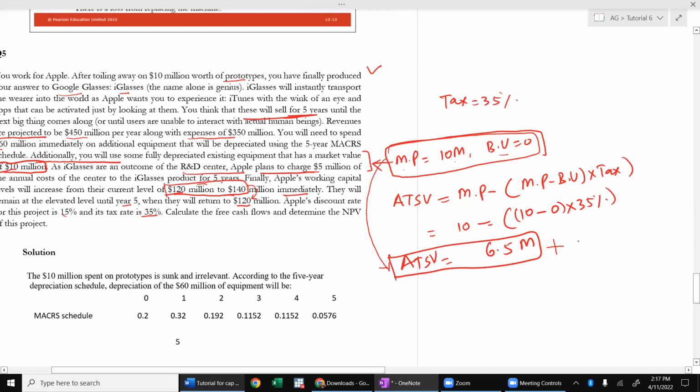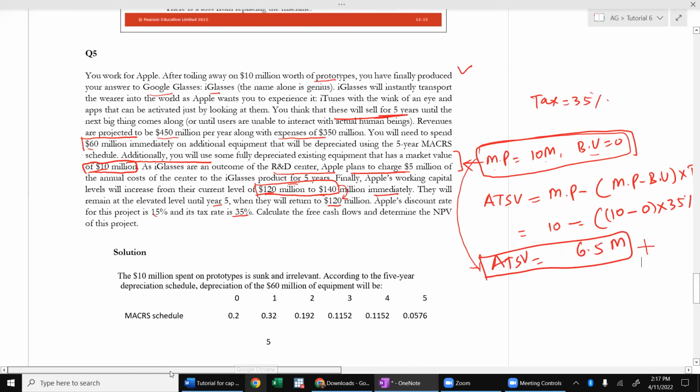But the company is not selling it, the company is using it, right? So in other words, the company is thinking to use the fully depreciated equipment that has a market value of 10 million. So if the company wants to sell it, the company will get this much, but the company is using it. So will this be an opportunity cost or what?